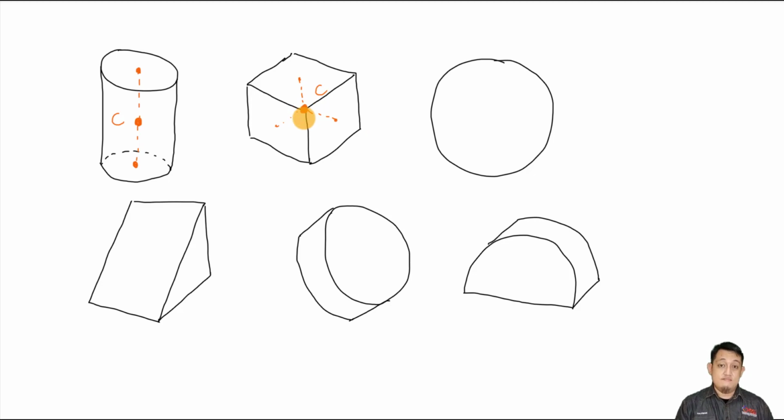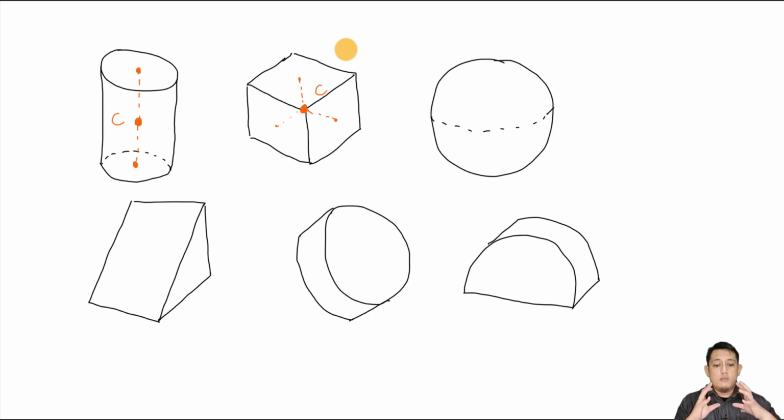Okay, easy. What about this sphere here? To make it look like a sphere, let's redraw it like this. The dominant shape of a sphere is of course a circle.